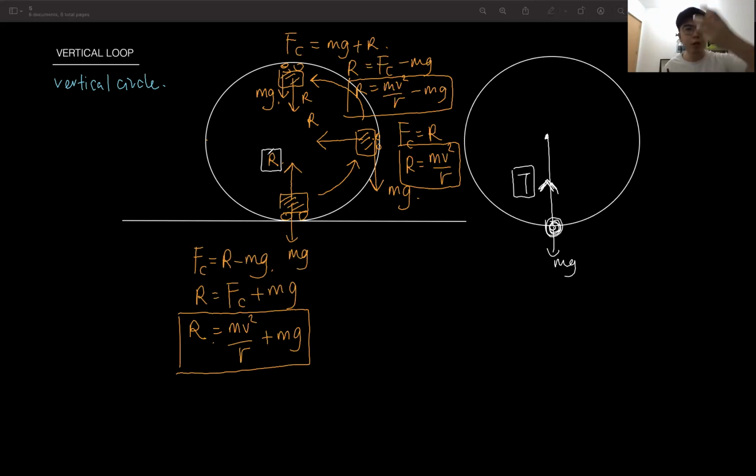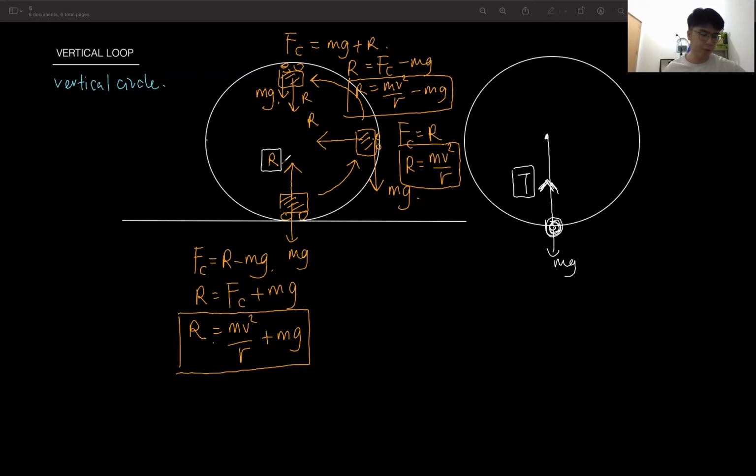Why? Because think of it like the mg is helping you. It's contributing to the centripetal force. It's pointing down here. Down here, the mg is hindering. Here it is helping. So that is why the reaction up here is the lowest.